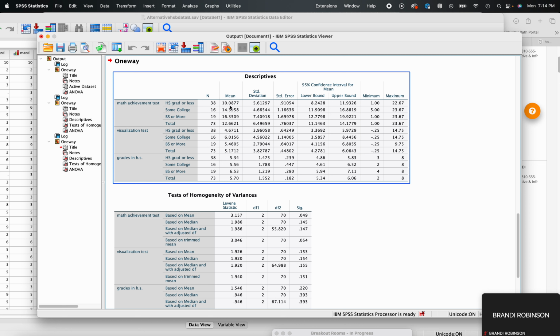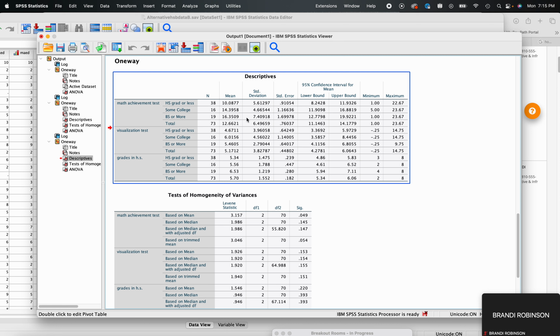The software divided up the values for math achievement and put students into groups. I have 38 students whose fathers had high school grad or less, 16 who had some college, 19 who had a bachelor's or more. For those groups, these are the means. So I already know from the descriptive table that the means are different. What I don't know is, are they statistically significantly different? That's what the ANOVA tells me.